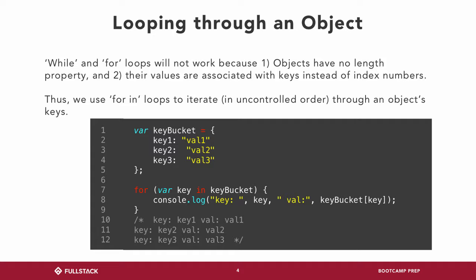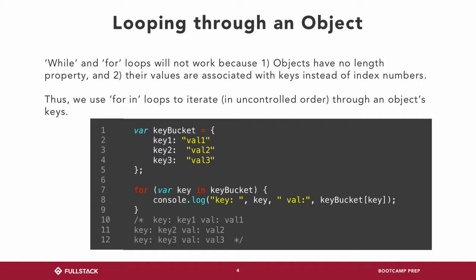You declare a variable, var key in this example, in, and then the object name, key bucket. So we're going to have this variable name as a placeholder for what the key is, and we'll be able to use it with bracket notation because it will be evaluated to whatever the key is as it iterates.